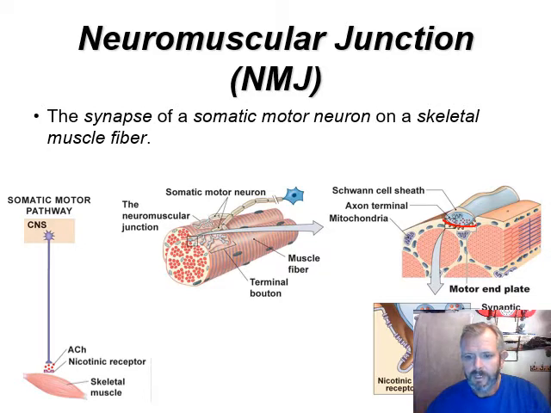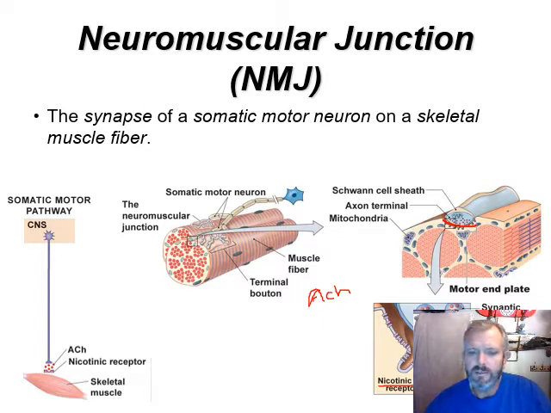All right, let me get my big head out of the way, and we'll look at a little bit closer setup. Here's the neuron with vesicles, and our neurotransmitter is going to be acetylcholine. The receptors are nicotinic acetylcholine receptors.